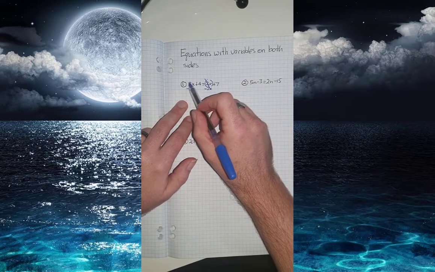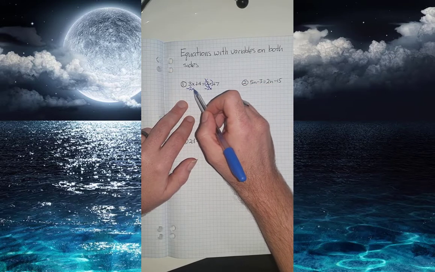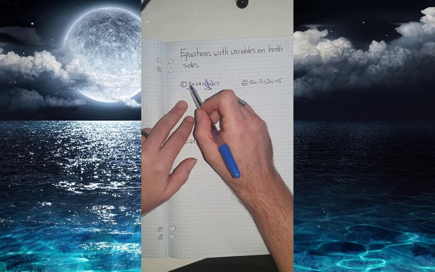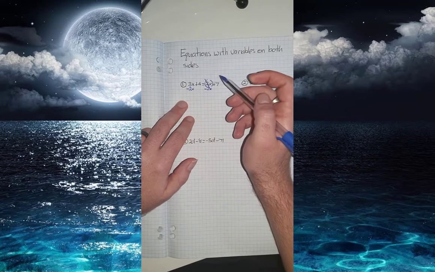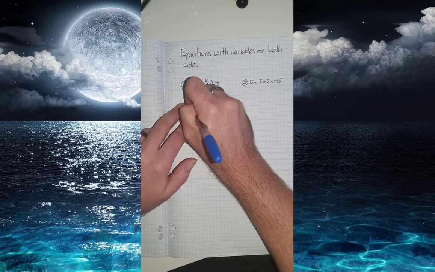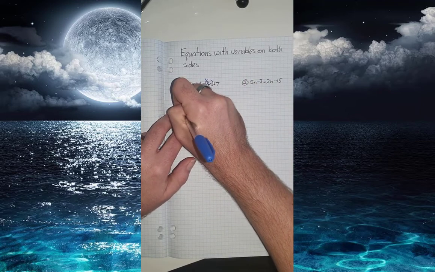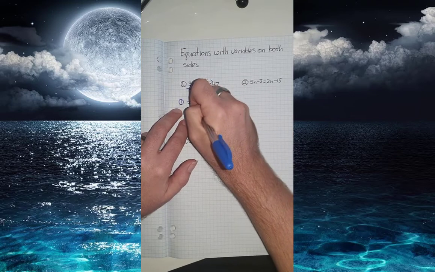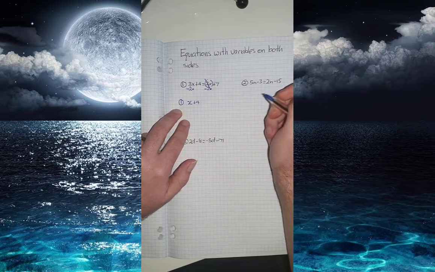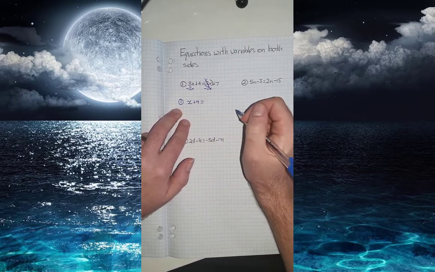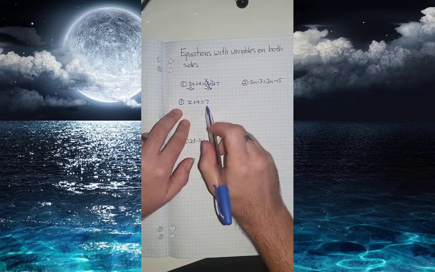So I'm collecting all my pronumerals over this side. So 3x minus 2x equals x. That's my first step. I haven't done anything with the 4, so let's just bring it down. I haven't done anything with the 7, so let's just bring that down.